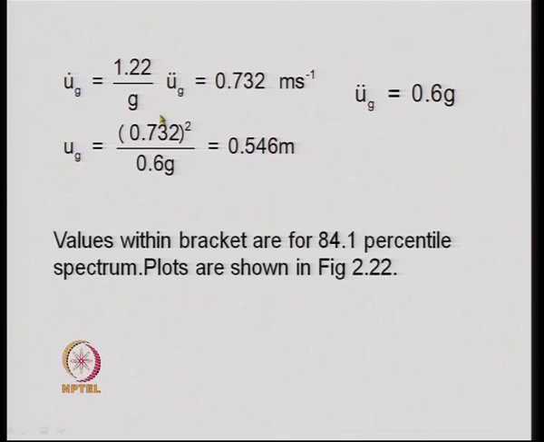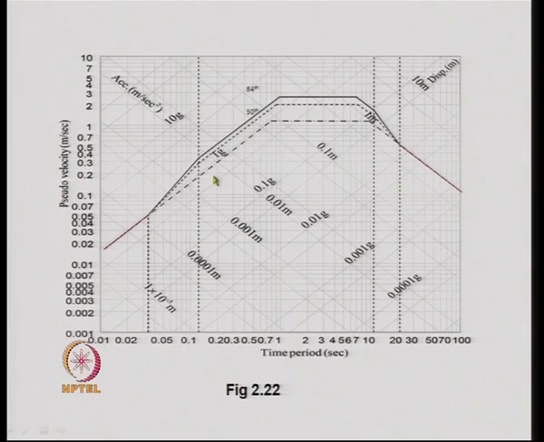So, what we did is that this peak ground acceleration was given, and with the help of that we obtained the peak ground velocity and peak ground displacement using the empirical relationship that I have shown before. And then we plotted the two spectrum.